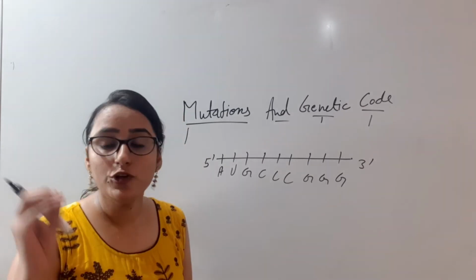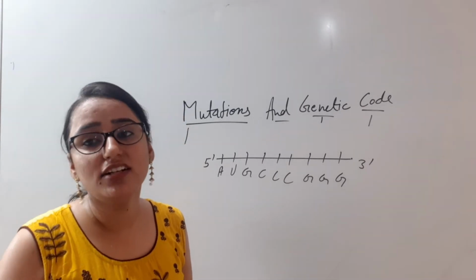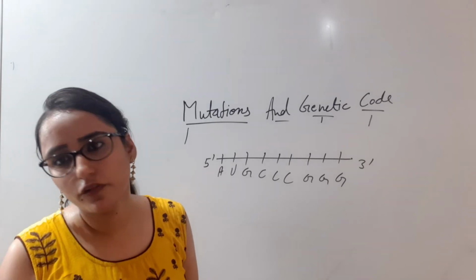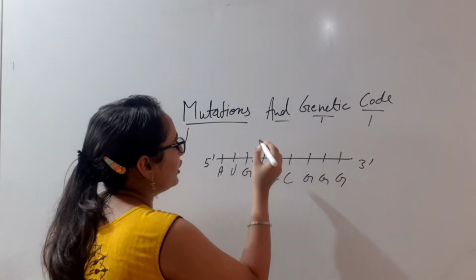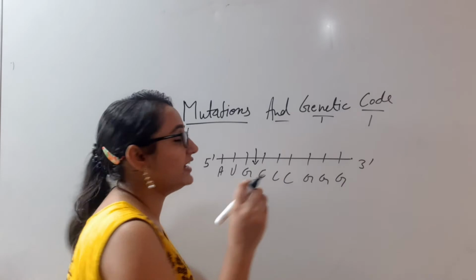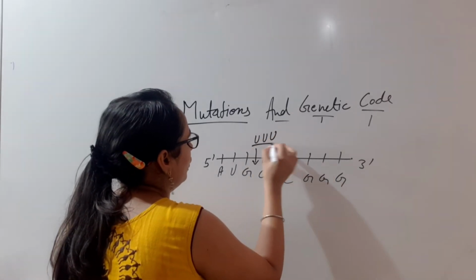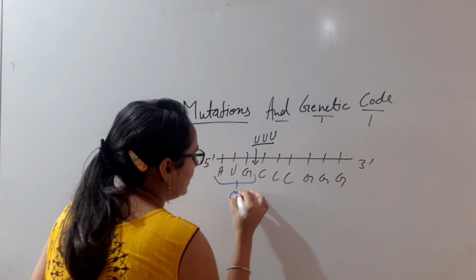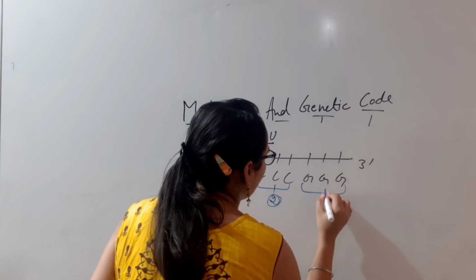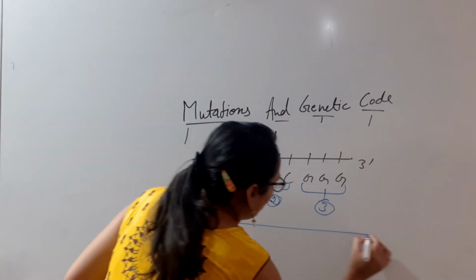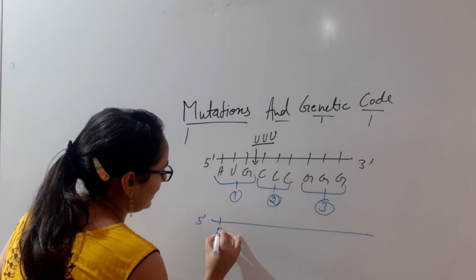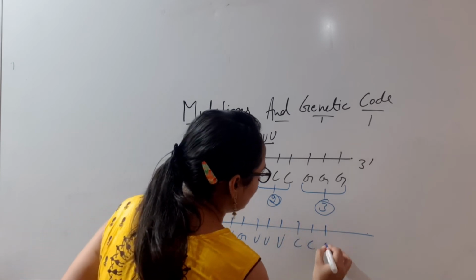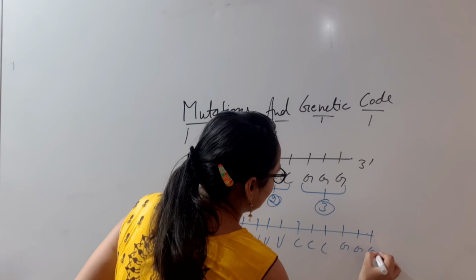But if three nucleotides, or a multiple of three, get inserted or deleted from a particular position in the mRNA, then will the reading frame change or not? Suppose at this point a codon or three nucleotides get inserted, that is UUU. Then the new RNA will be AUGUUUCCCGGG, 3'.